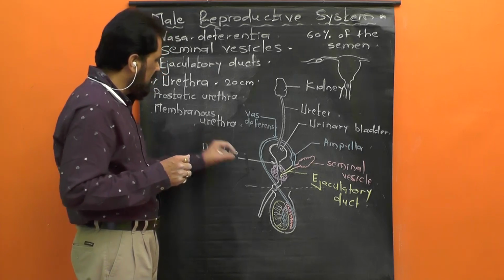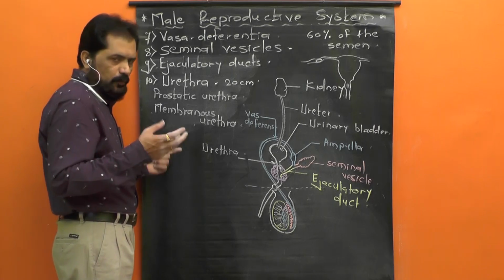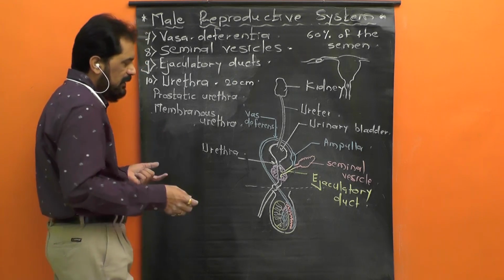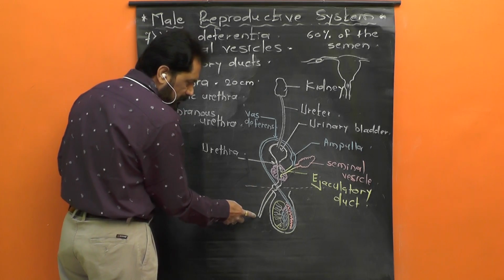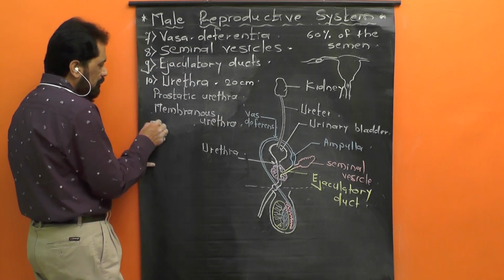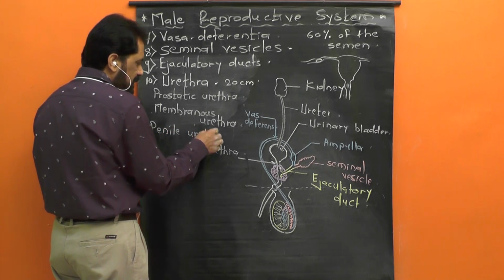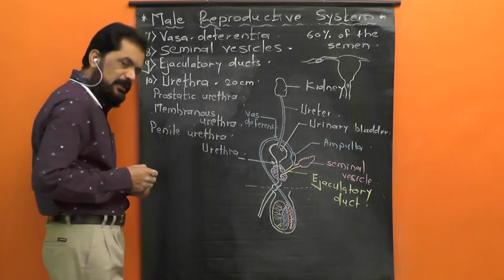Anyway, this middle part is known as the membranous urethra, which is 2.5 centimeter in its length, and the remaining part of urethra which passes through the penis is known as penile urethra. As it passes through the penis, therefore it is called penile urethra.